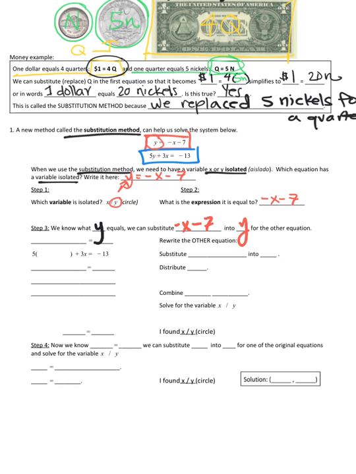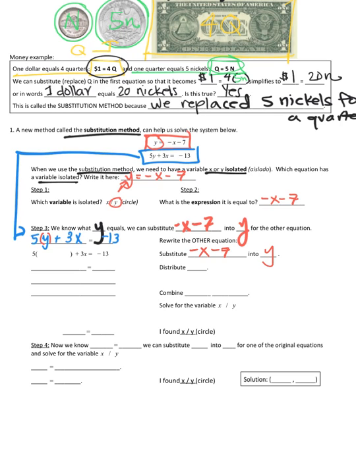So then what I'm going to do is copy down the other equation right here. I'm going to write 5y plus 3x equals negative 13. Then I'm going to substitute. Well, I know what y is equal to. I know y is equal to negative x minus 7, and I'm going to substitute that into y.